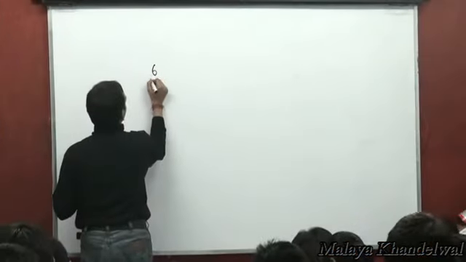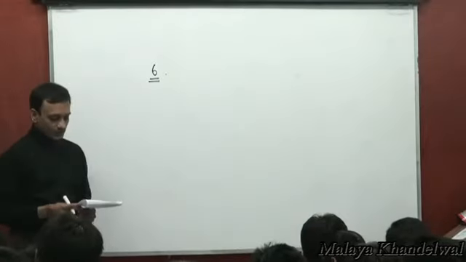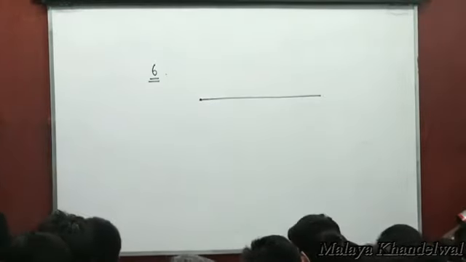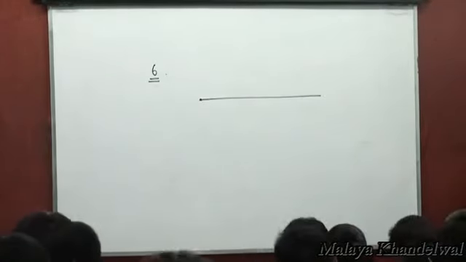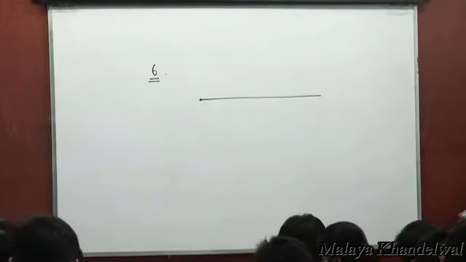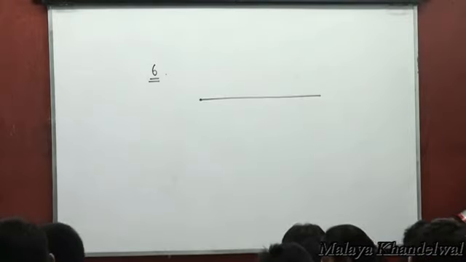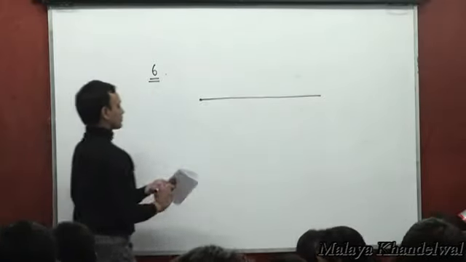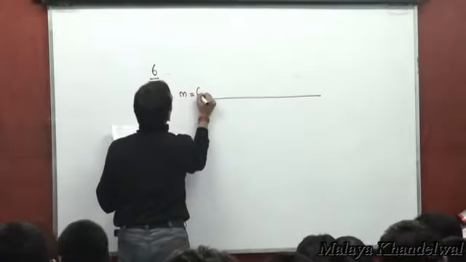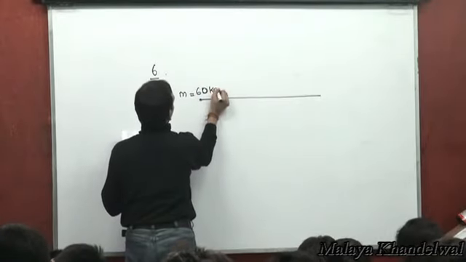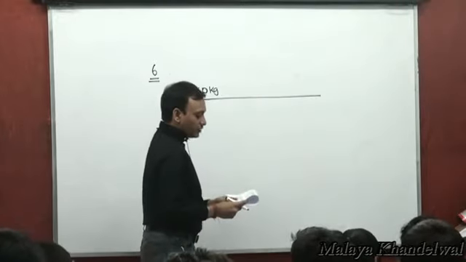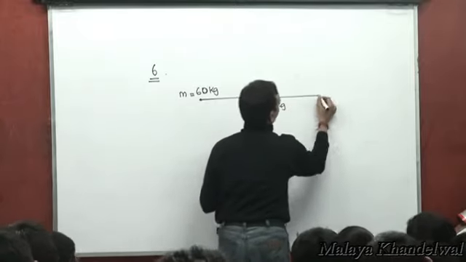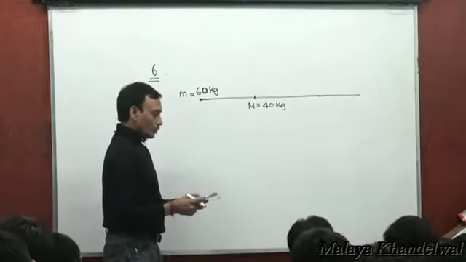Problem 6. A boy of mass m equal to 60 kgs is standing over a platform of mass 40 kgs over a smooth horizontal surface.